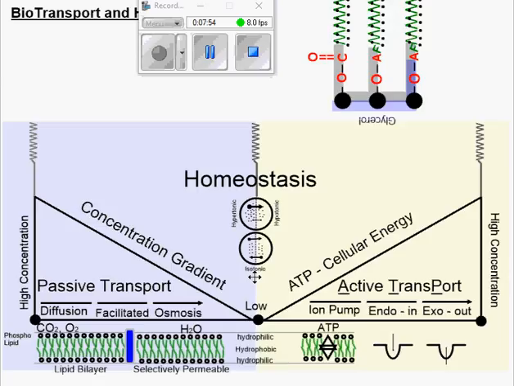When it becomes isotonic, it doesn't stop moving across the membrane. It's just moving in both directions at the same rate, so there's no net gain. In fact, when a material has a large concentration gradient, an area where it's hypertonic and an area where it's hypotonic across a semi-permeable membrane, it will move from the area of high, hyper, to the area of low, hypo.